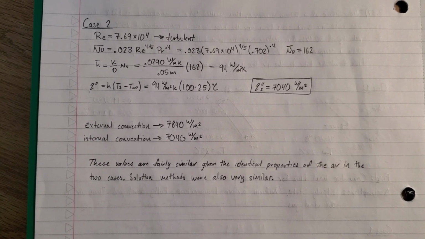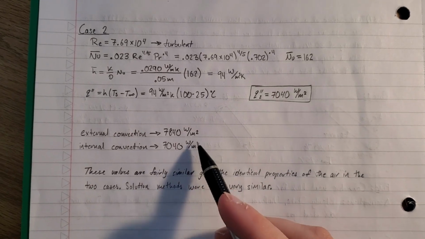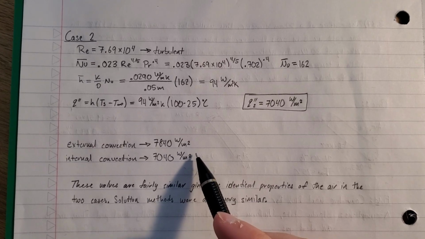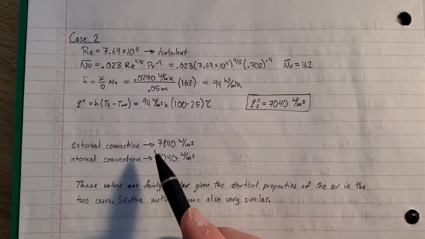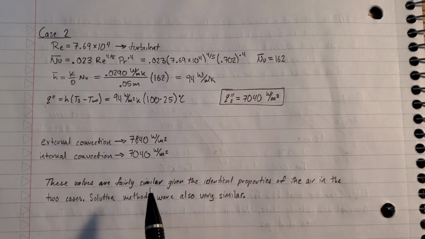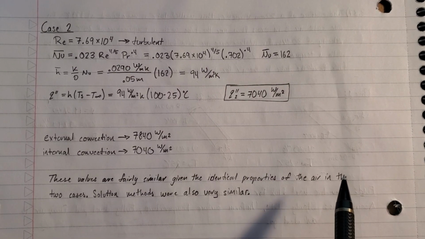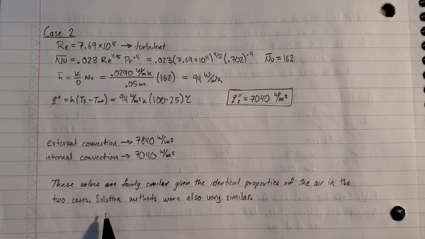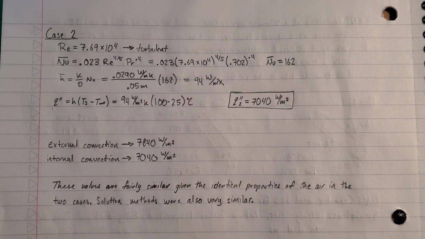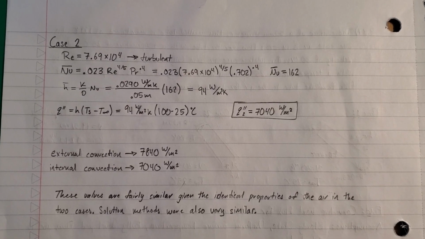And quickly to wrap up here, just a couple of conclusions. Comparing these two values, they are pretty similar, only off by about 10%. The air in both cases was pretty similar as far as temperature and velocity goes. We can also notice that the solution methods for the internal and external cases were basically identical.